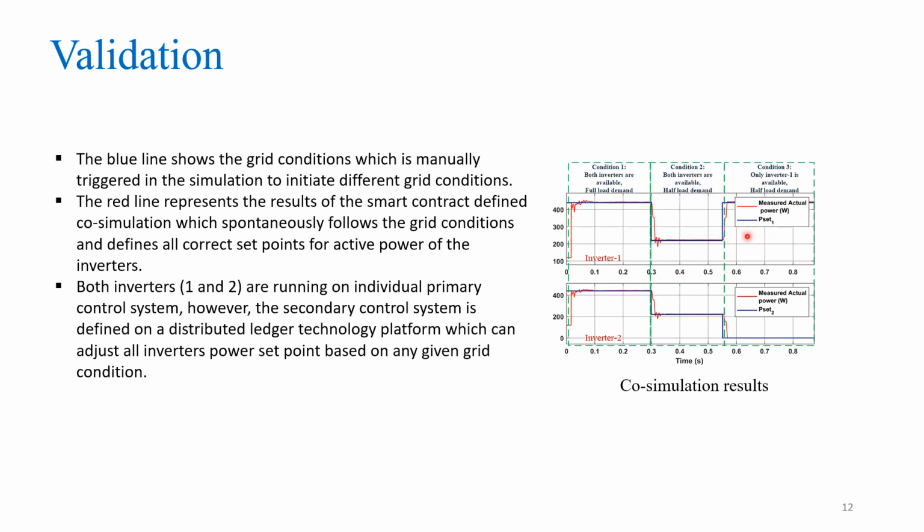So inverter 1 should support the load that inverter 2 was supplying. The Pset value for inverter 1 should go to the maximum capacity, as inverter 2 was down and not in the network. The overall results showed exactly what was expected from the secondary control system.